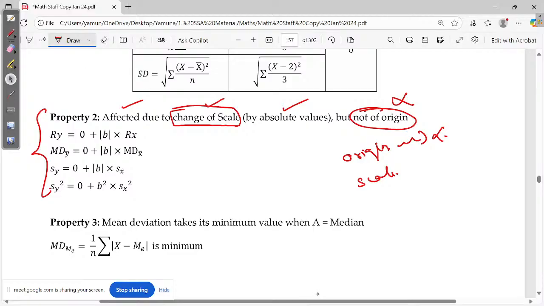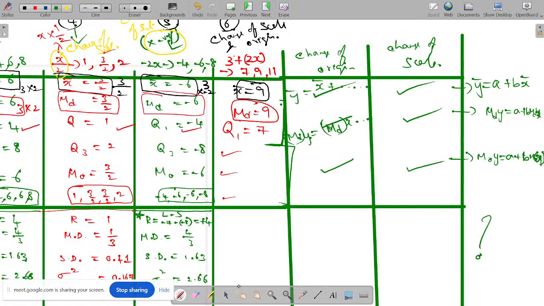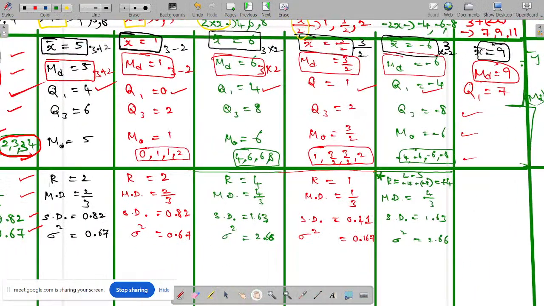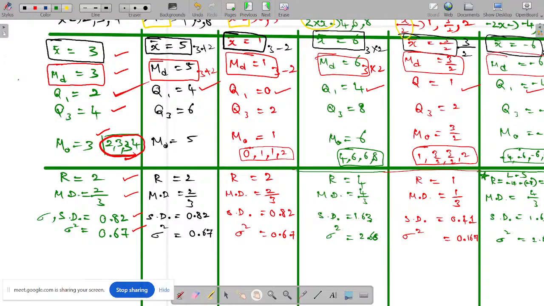Shall we check? Yes, go back to case number 1 and 2. Are you all here? See, I'm boxing the values. Change of origin does not affect range. What's the original range? 2. I'm adding 2. What's happening? No change. I'm subtracting 2. No change. Mean deviation, what's the value? 2 by 3. I'm adding 2, no change.